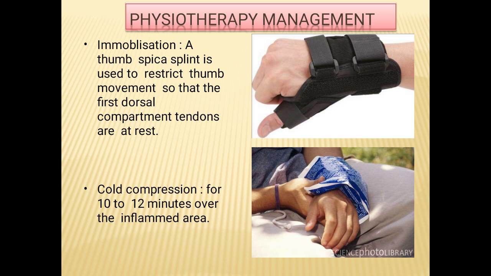A thumb spica splint can be used, as you see in the figure. Along with that, the patient can have cold compression for 10 to 12 minutes over the inflamed area once or twice daily. So immobilization for 2 to 3 weeks is required here.